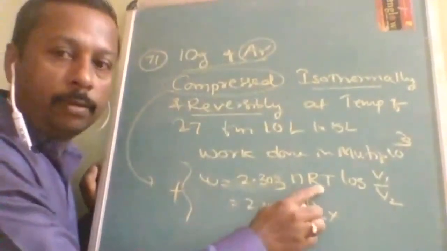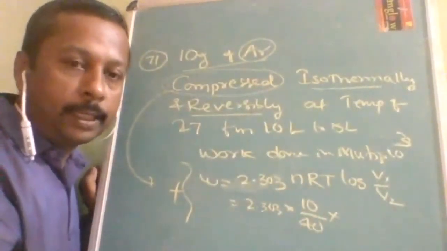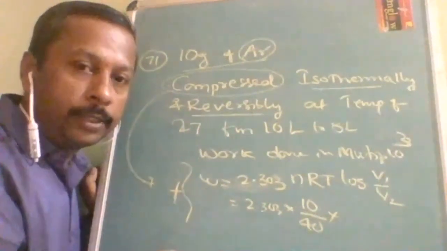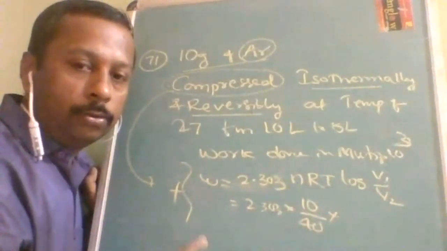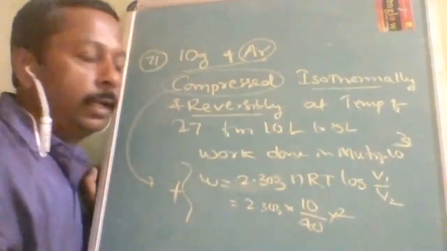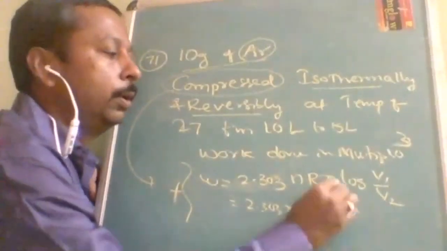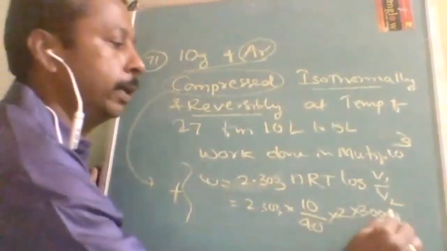And here you have to be very careful. Check the options. If the options are in calories, then you put R as 2. If they are in kilojoules, 8.314. Understood? So let us take this as calories, then I will write 2. And temperature is 300 Kelvin, 27 degrees is given.